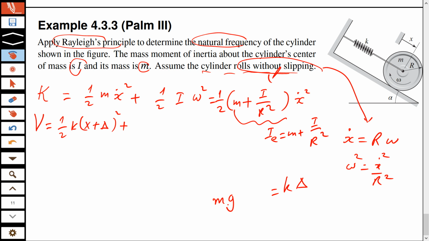Okay. Now it's actually the component of mg, this component, and this component is mg sin of alpha.